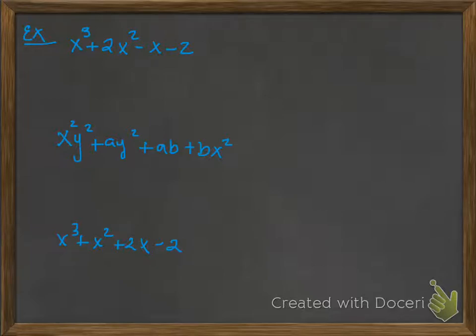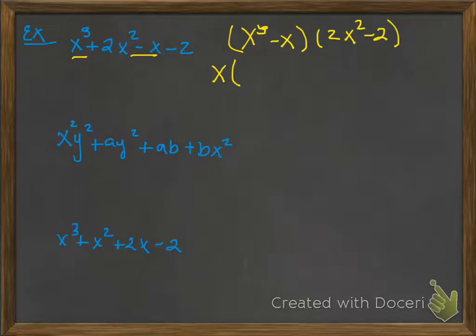But I'm going to show you, let's do x cubed minus x. So I took this and that, the first and the middle, and 2x squared minus 2. And here I'm going to take out an x. So I get x squared minus 1.